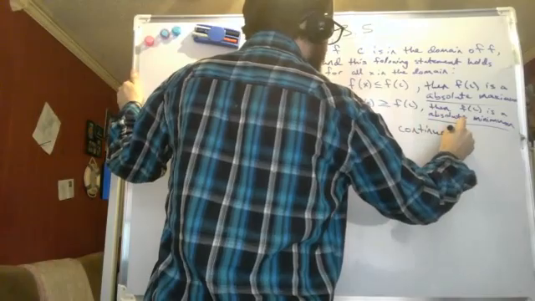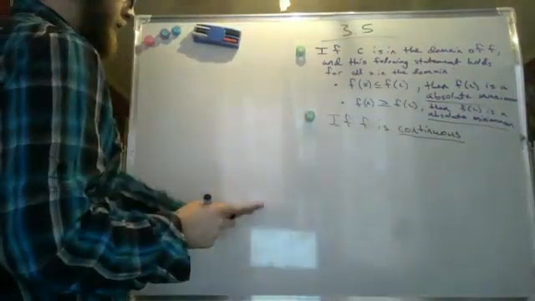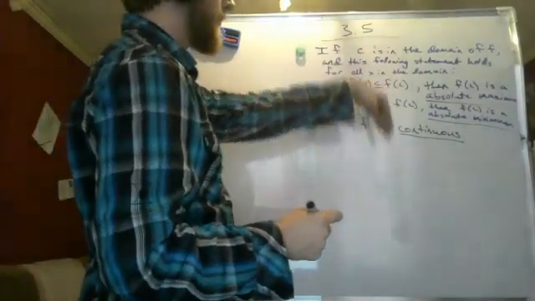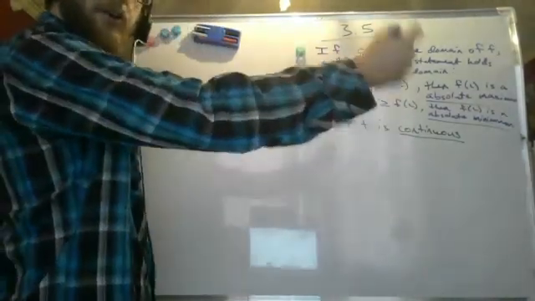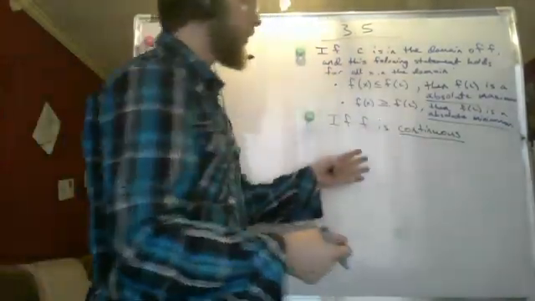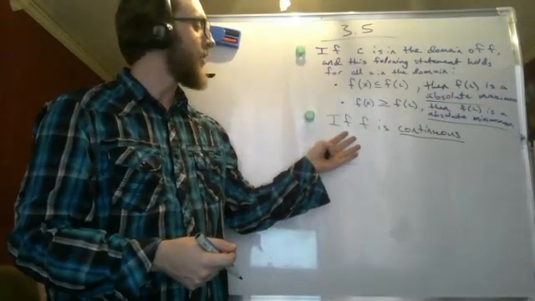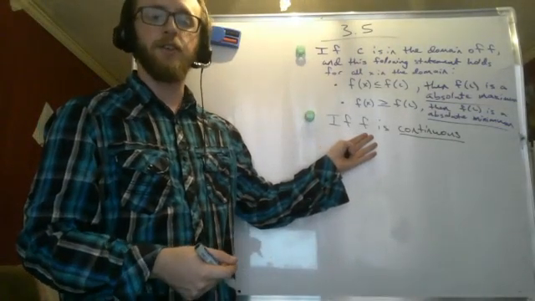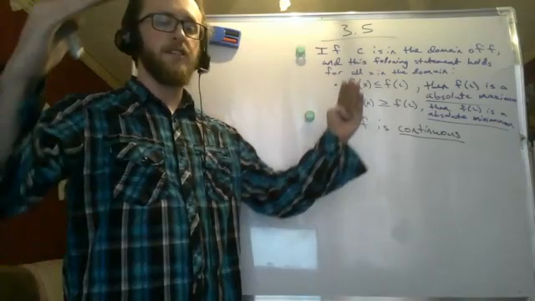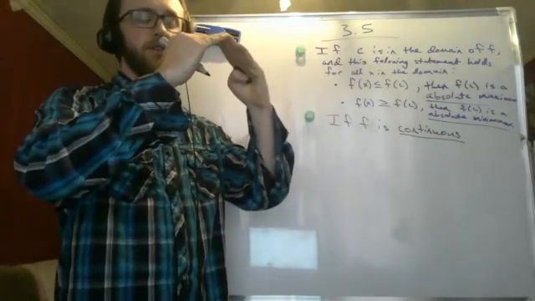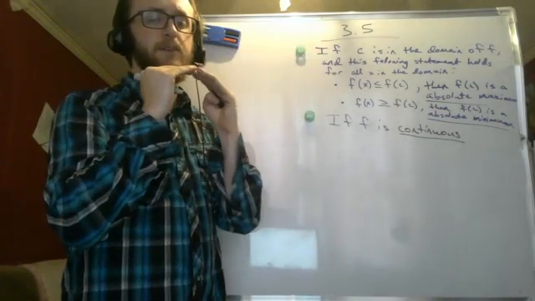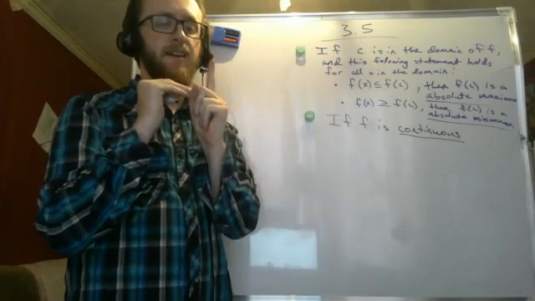Now recall, what does that mean? That means you can draw the graph continually without lifting up your pen or pencil. It also means that the limit exists for all values of x in the function. From both sides, for any point, the limit meets where it's supposed to, and it meets at f of x.